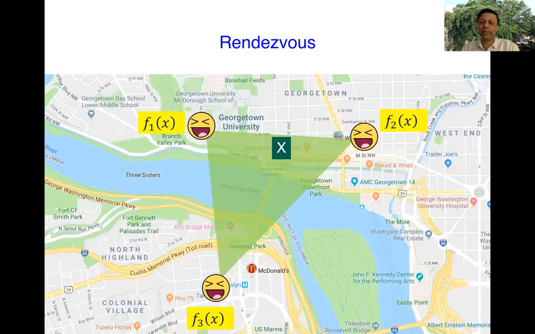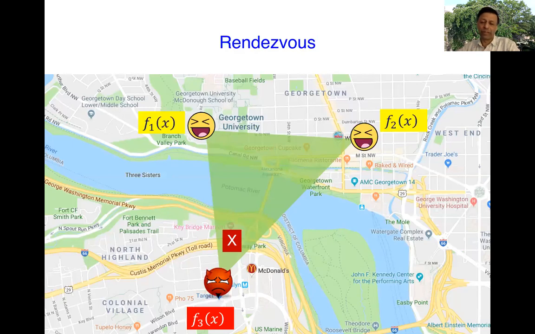So let's take the example of the rendezvous problem that we saw earlier, where the goal is to meet somewhere. If one of the agents was faulty, let's say number 3 at the bottom of the screen here is faulty, then it might pick a somewhat contrived cost function, which is minimized at a location where the agent 3 wants to go and has high cost, let's say, everywhere else.